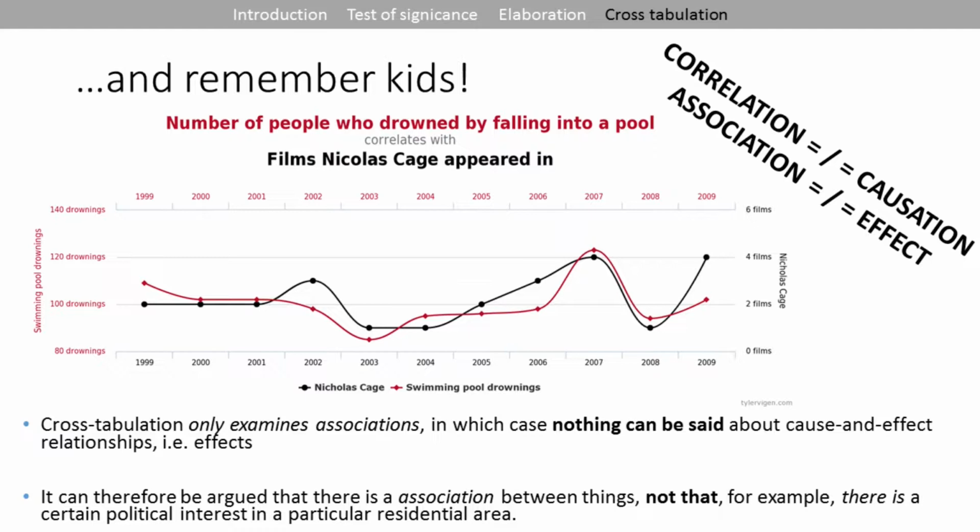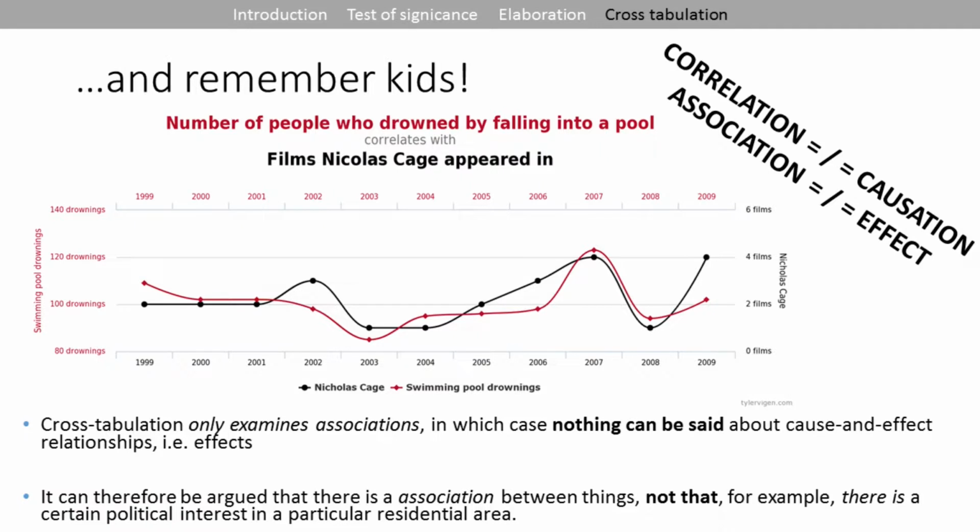So you have to remember this and think about what you are measuring. Does this make sense? What are my research questions? Why am I measuring this? What's the point here? And nothing can be said about a cause and effect relationship when you're using cross tabulation. Just keep this in mind.